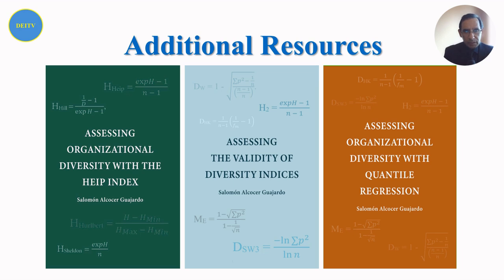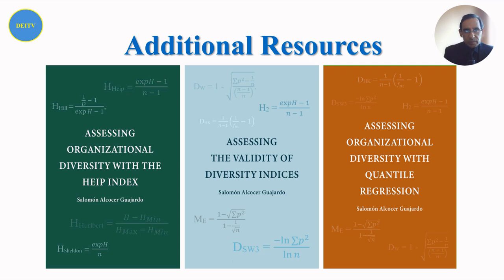As I mentioned at the beginning of the episode, there are additional resources that you can use to get a better understanding of the diversity indices. One source is assessing organizational diversity with the HEAP index. That covers the Hurlbert and logarithm index, which will be covered in a future episode, but the methodology that is used for those indices is the same as the presentation that was presented in this episode.